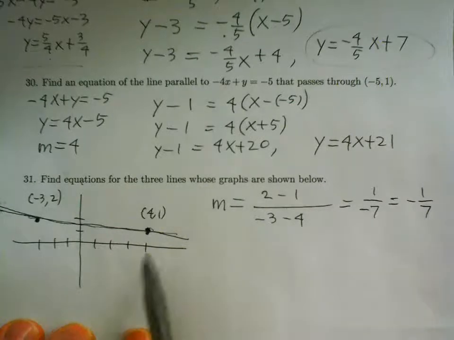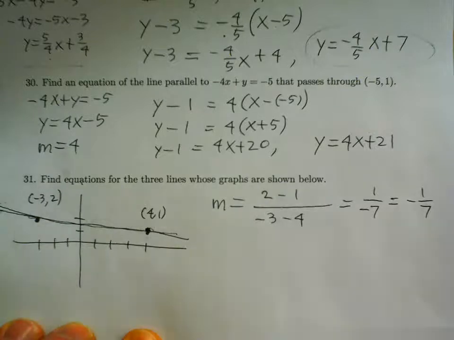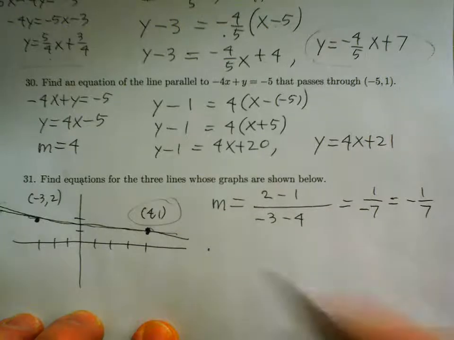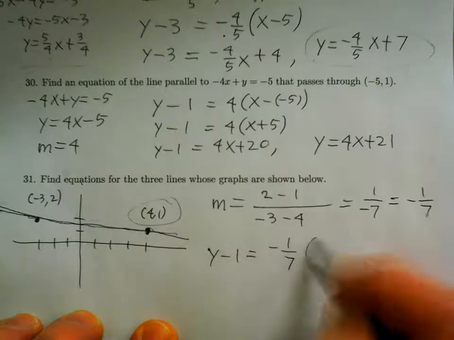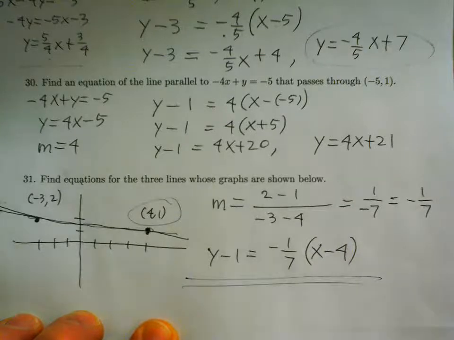And then we can pick one or the other of those 2 ordered pairs. It doesn't matter which one. And then write the point slope form. So let's pick the point (4, 1). So y minus 1 equals -1/7 times x minus 4. Okay, so that's an equation for that line.